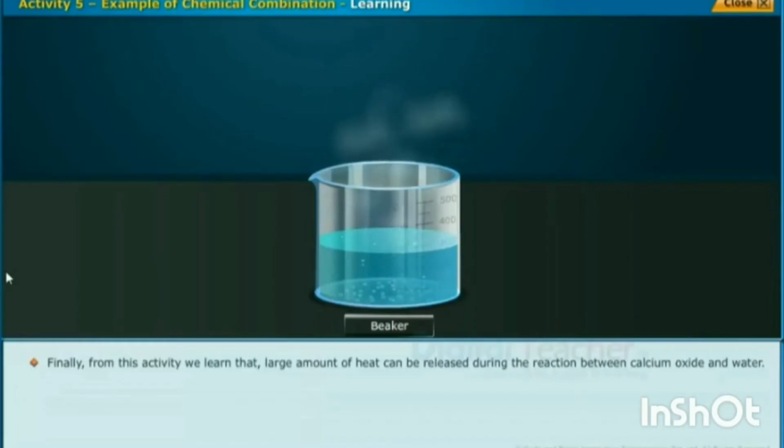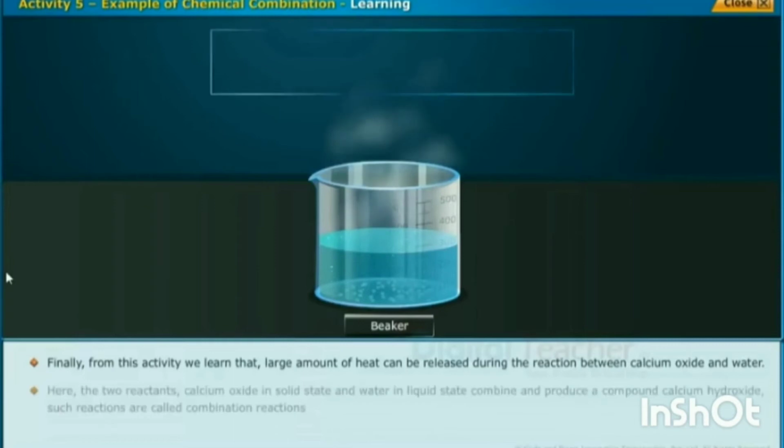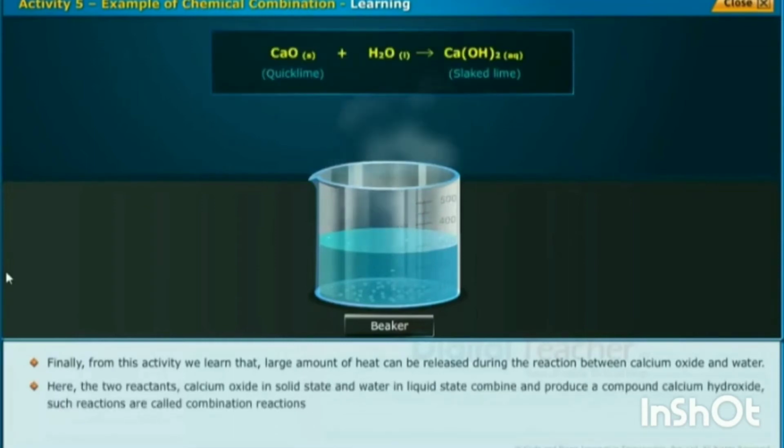So we can say that a large amount of heat is liberated during the reaction between calcium oxide and water. Here two reactants, that is calcium oxide and water, combine to produce a compound known as calcium hydroxide, and this reaction is called a chemical combination reaction.